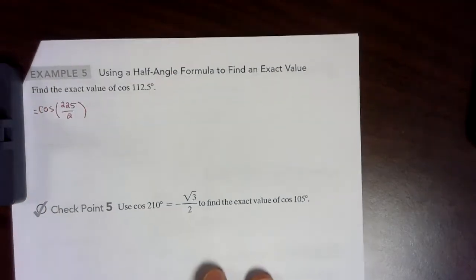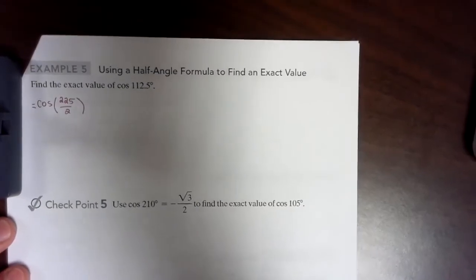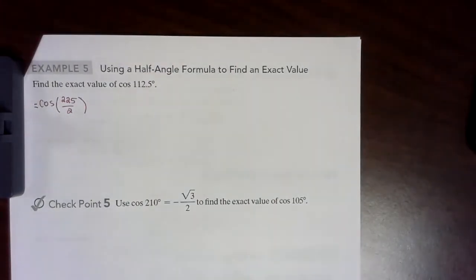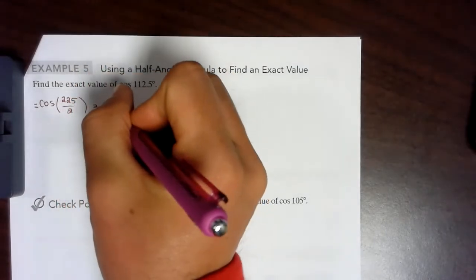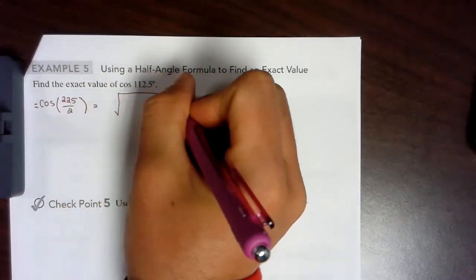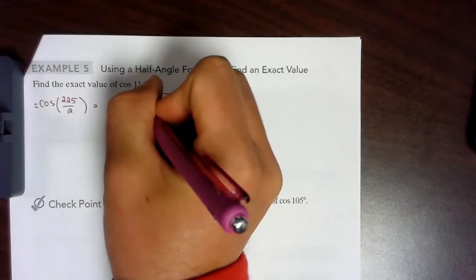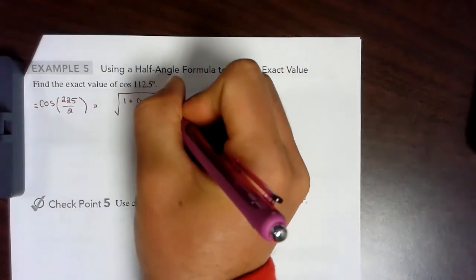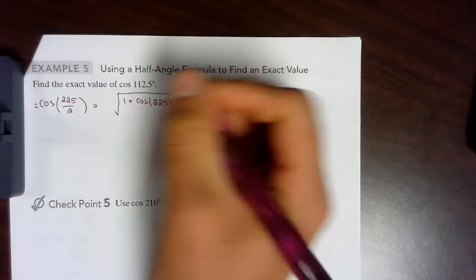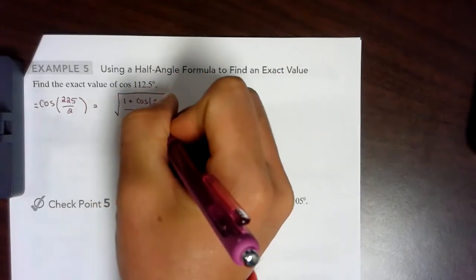Those are equivalent. Now, the half angle formula is going to be equal to the square root, we'll come back and determine the sign in a second, of 1 plus cosine of the angle, in general alpha, so 225 degrees, all that over 2.